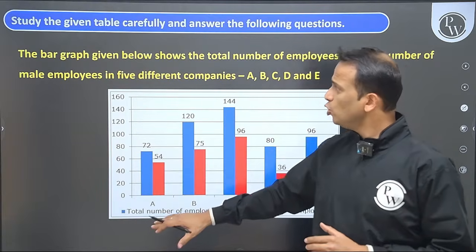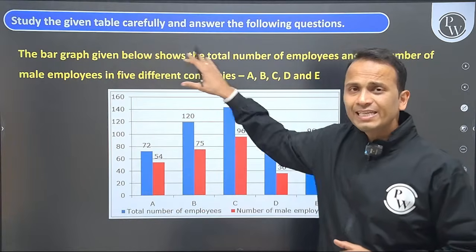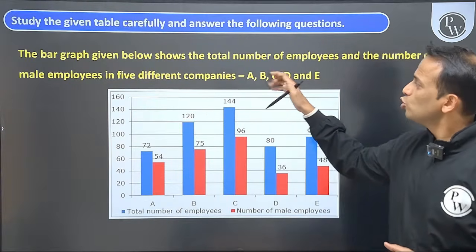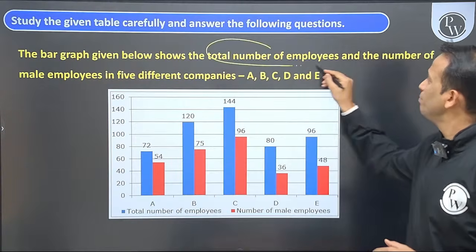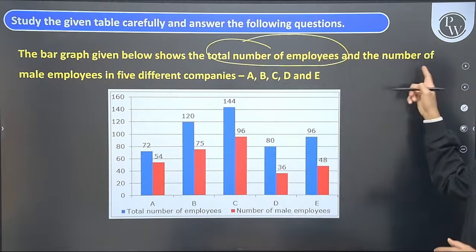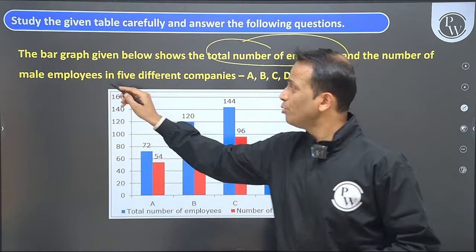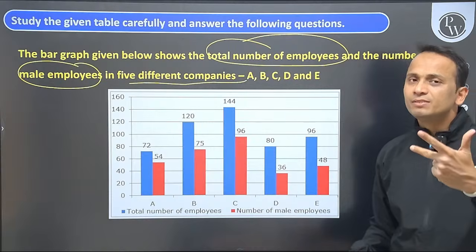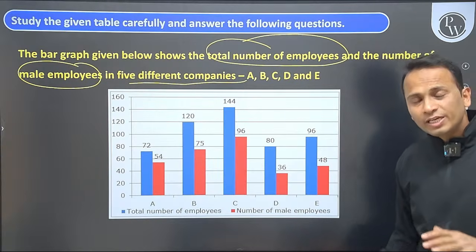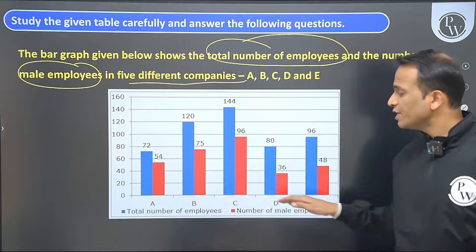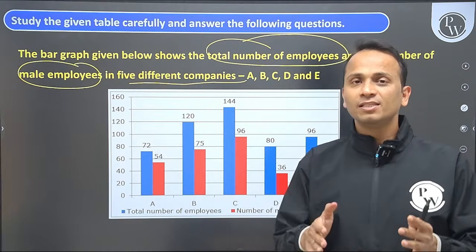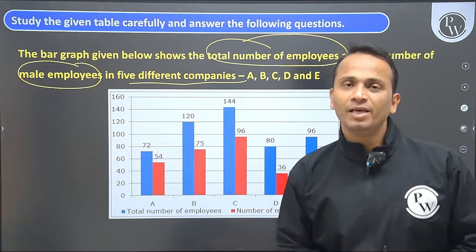So if I look at the text that is written above the graph, the bar graph given below shows the number of employees and the number of male employees in 5 different companies A, B, C, D, and E. So the data is given to us for 5 different companies A, B, C, D, E about the total number of employees and the number of male employees.